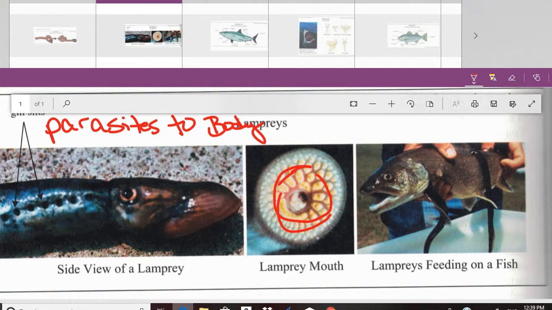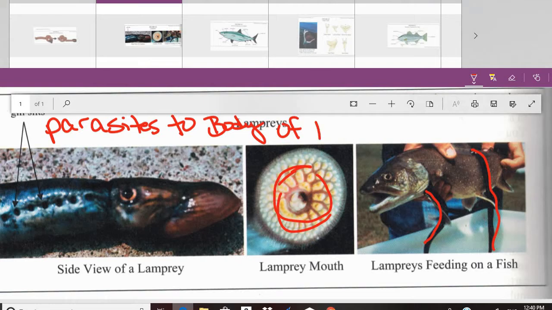They have a very rough tongue, and they will use their tongue to attach to the bony fish, and they'll suck the blood. So in this picture, you can see the lamprey attached to this bony fish, and they will suck the blood from the bony fish.